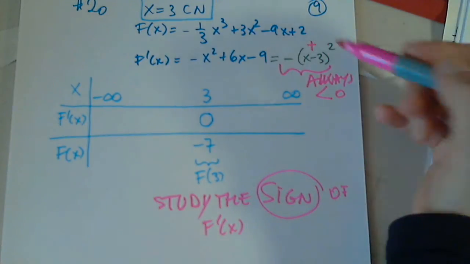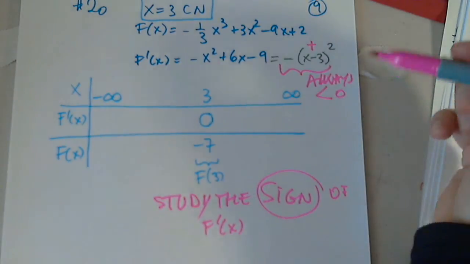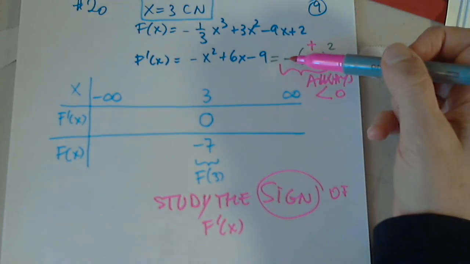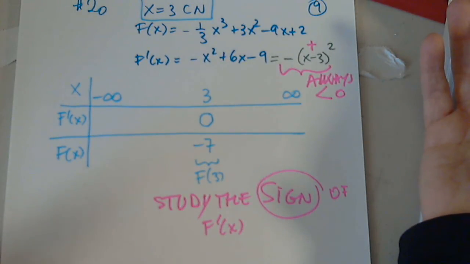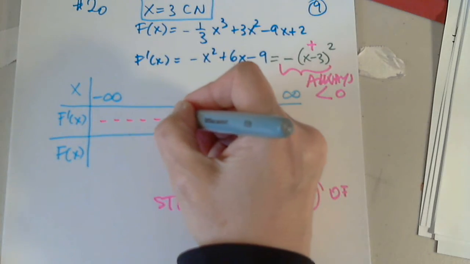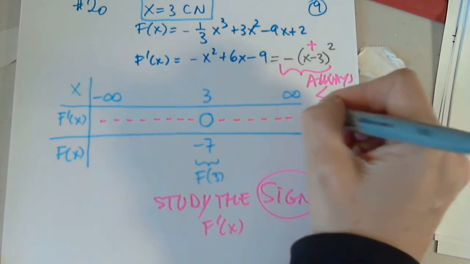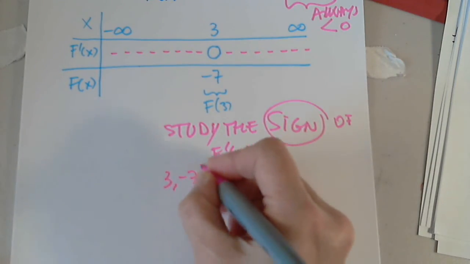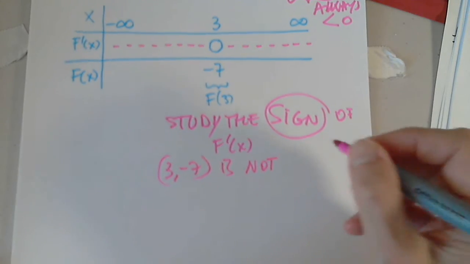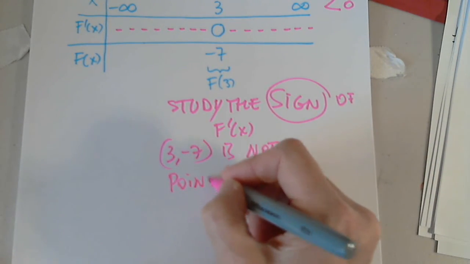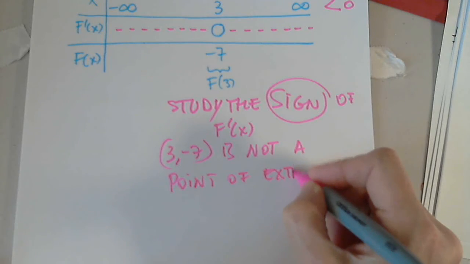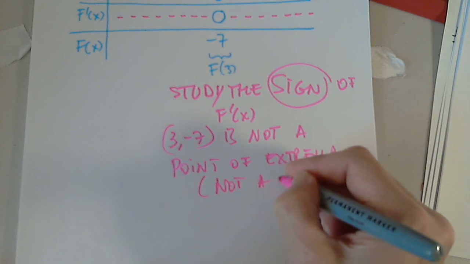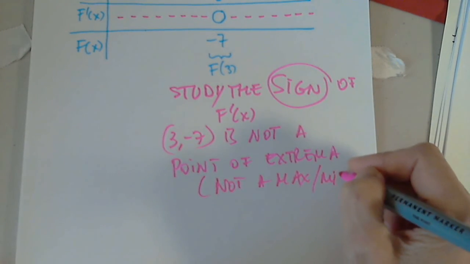Because x minus 3 squared is always positive, it is 0 at 3, but it's always positive or 0 because it's squared. And with minus in front, it will always be negative. So the sign of the derivative is always negative, which means 3 comma negative 7 is not a point of extrema. In other words, not a max or min.